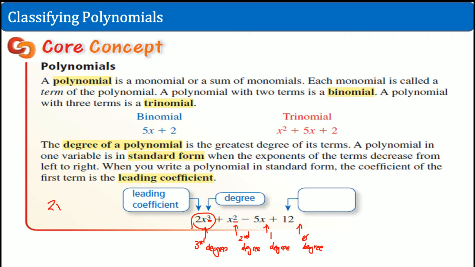So 2x^3 is called the leading term. But the 2 is called the leading coefficient. Alright? That's your degrees. Here, that is your constant term. And it has 0 degrees. Okay? So you need to be able to classify the polynomial using these core concepts.